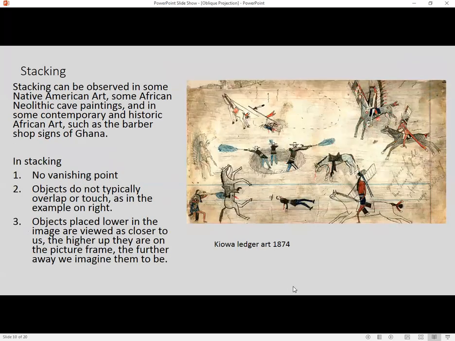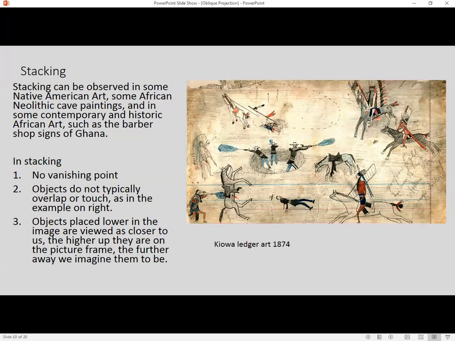So then the next thing we're going to talk about is stacking. Stacking is used in some Native American cultures, some African Neolithic cave paintings, in some contemporary and historic African art, such as the barber shop signs of Ghana. So again, in stacking, there's no vanishing point.